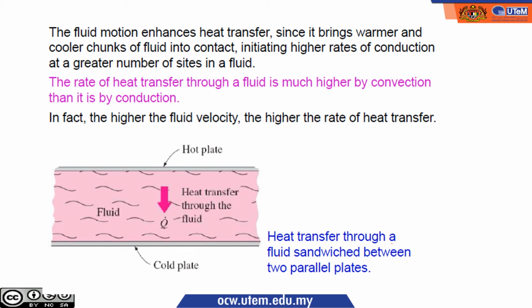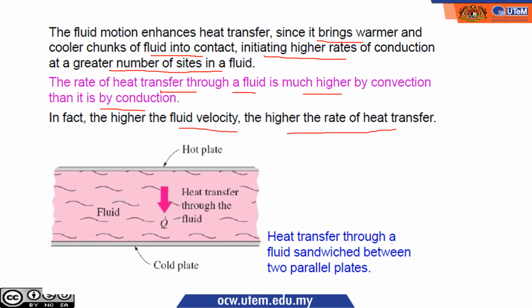Since it brings warmer and cooler chunks of fluid into contact, initiating higher rates of conduction at a greater number of sites in a fluid. So the rate of heat transfer through a fluid is much higher by convection than by conduction. And in fact, the higher the fluid velocity, the higher the rate of heat transfer.